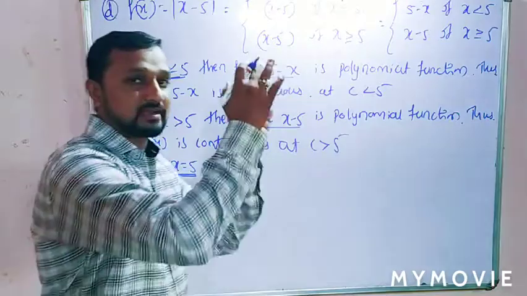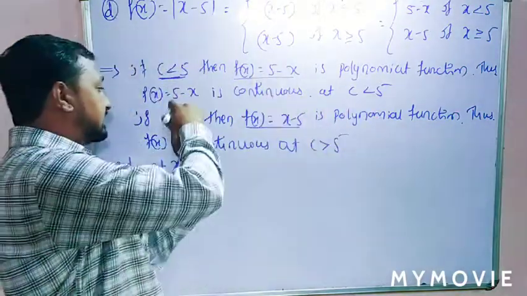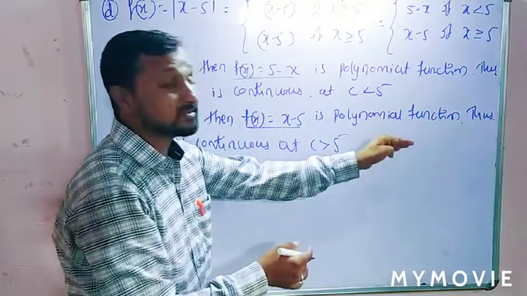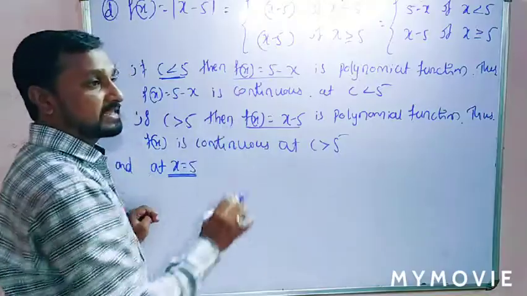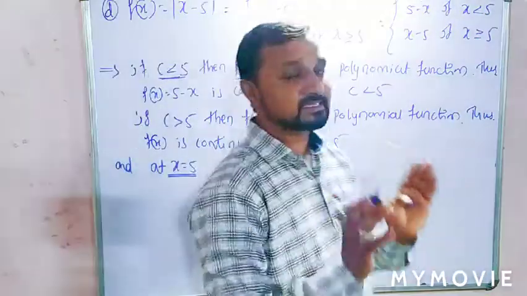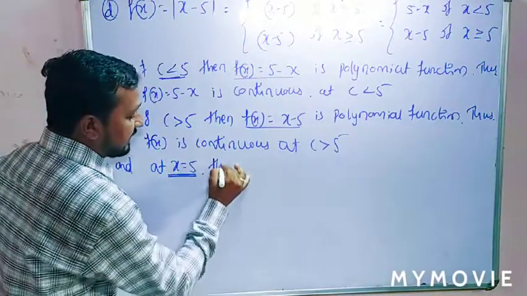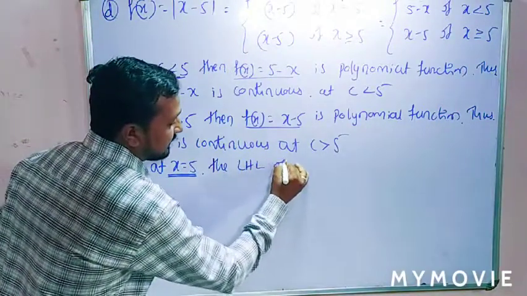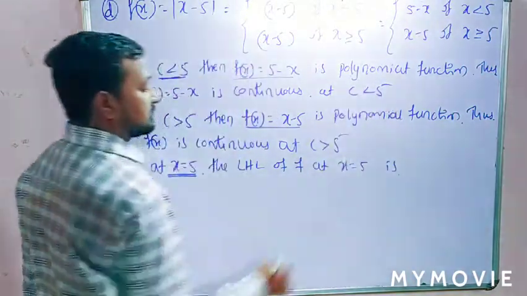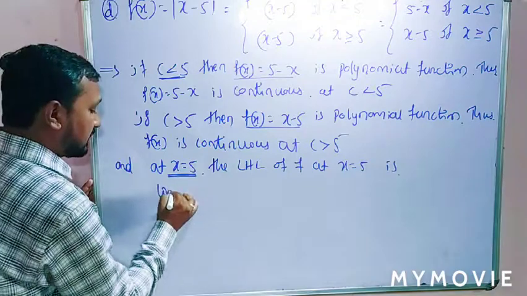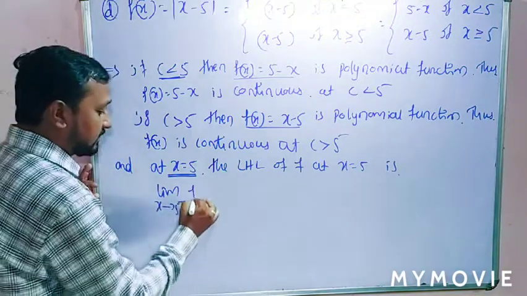We can take the general case as c less than 5, then the function is continuous. If c is greater than 5, then the function is continuous. Less than 5 is continuous, greater than 5 is also continuous. And we check at x equal to 5. Is that clear? At x equal to 5, the LHL of f is the limit as x tends to 5 minus of f of x.